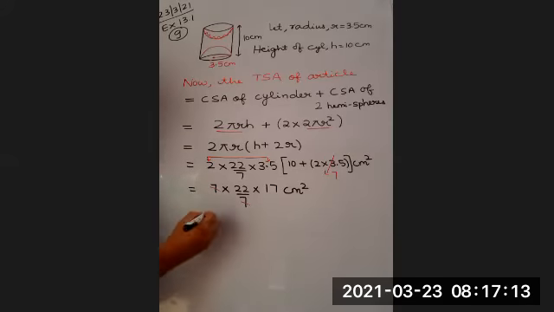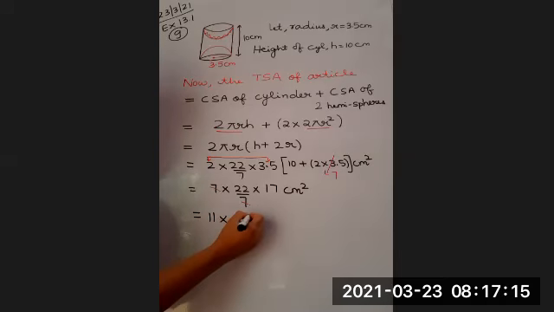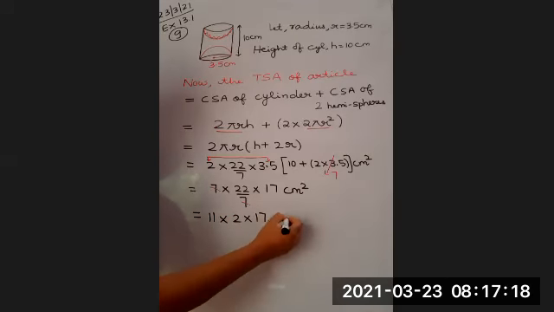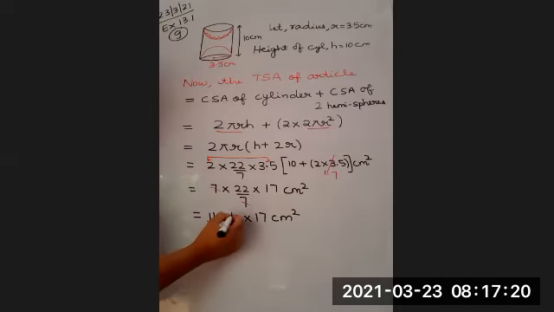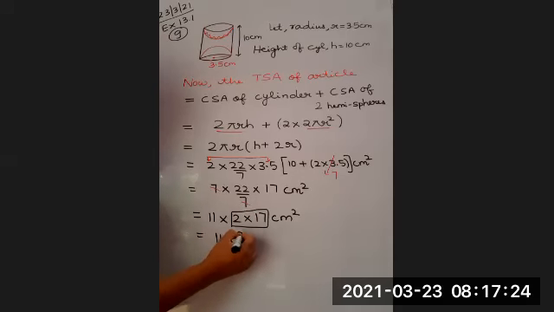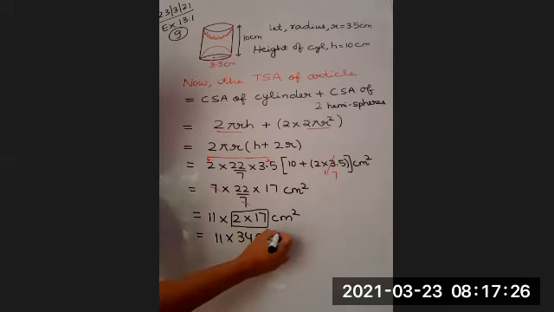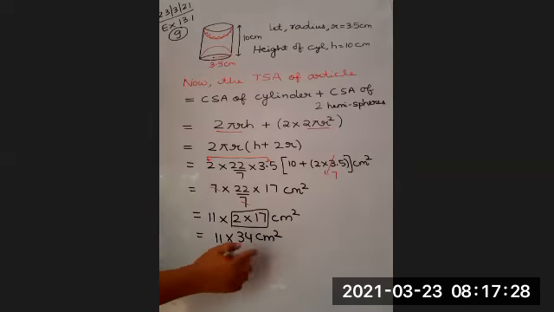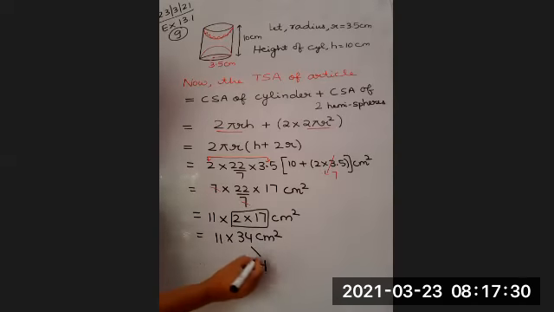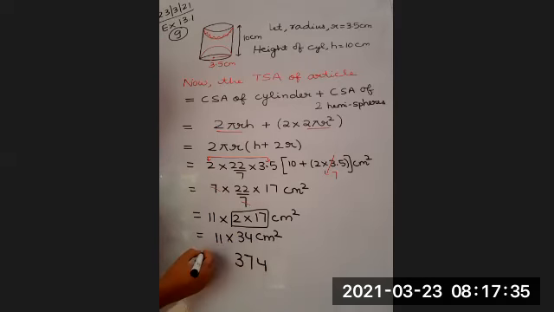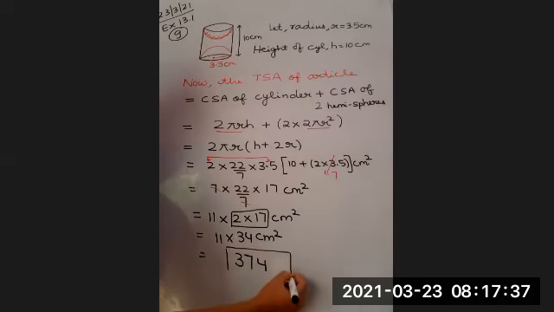If you want, you can use this trick of multiplying by 11. 22 can be written as 11 into 2. Now 2 into 17 is 34. This is if you want to apply that trick. 374. So that is how orally we can multiply using the trick.